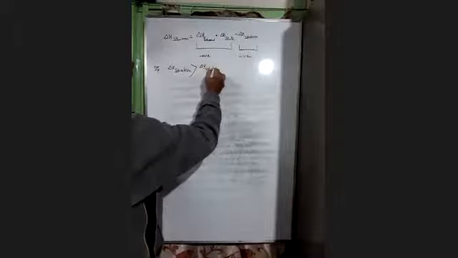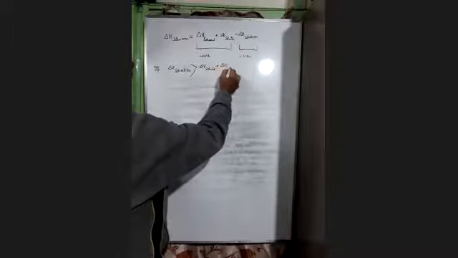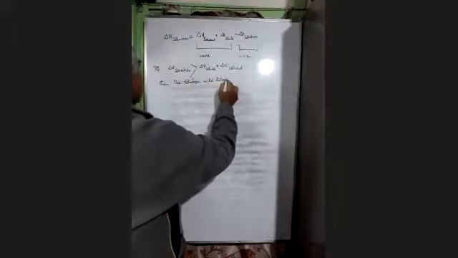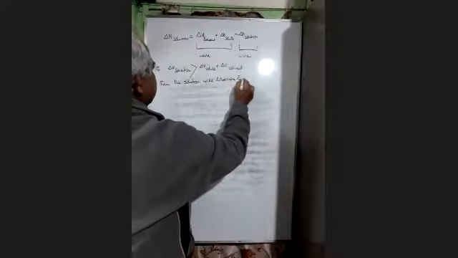So if we write here, if delta H solvation is more than delta H solute plus delta H solvent, then see, negative is more, then the solution will liberate heat.